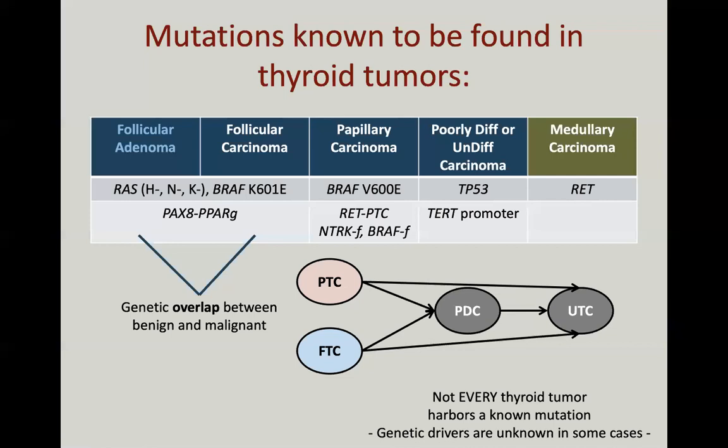So there's this kind of push or drive towards a potential higher behavior in any tumor of thyroid follicular cell origin. But unfortunately, not every thyroid tumor harbors a known mutation. There is this sort of dark matter, these unknown tumors that have none of these that still end up being cancer. So we're learning, but we don't know everything.